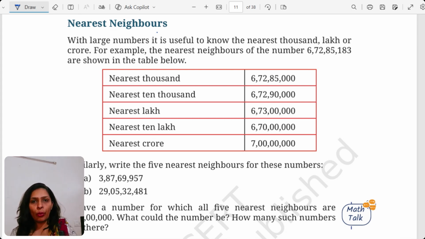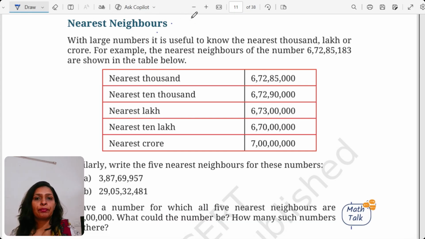Before I take up the questions that are given here in the book, we will understand a basic rule that we have to keep in mind. And what is that basic rule? 5 plays a very major role here. If a number is lesser than 5, remember that it will not have any impact on the previous number to it.